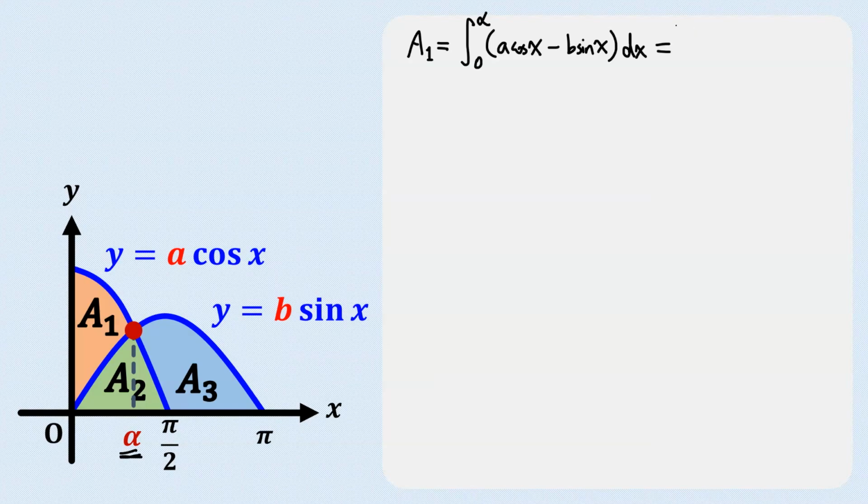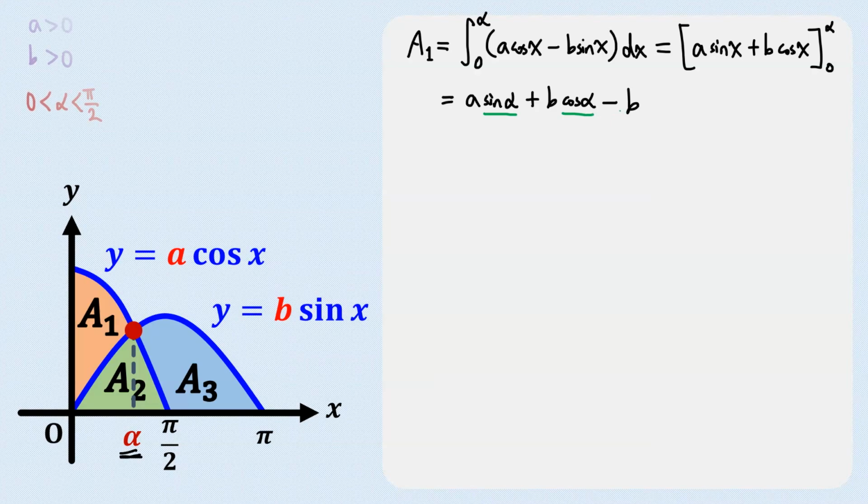So the integral is a sine x plus b cosine x, from 0 to alpha, which gives a sine alpha plus b cosine alpha minus b. So we require values of sine alpha and cosine alpha.